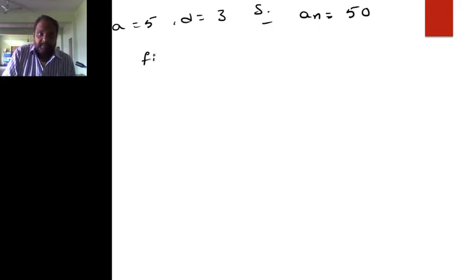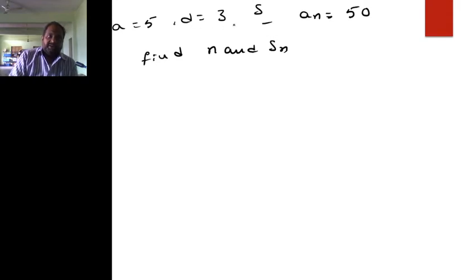Find n and Sn. First term given, common difference also given, nth term also given. We have to find n and Sn.